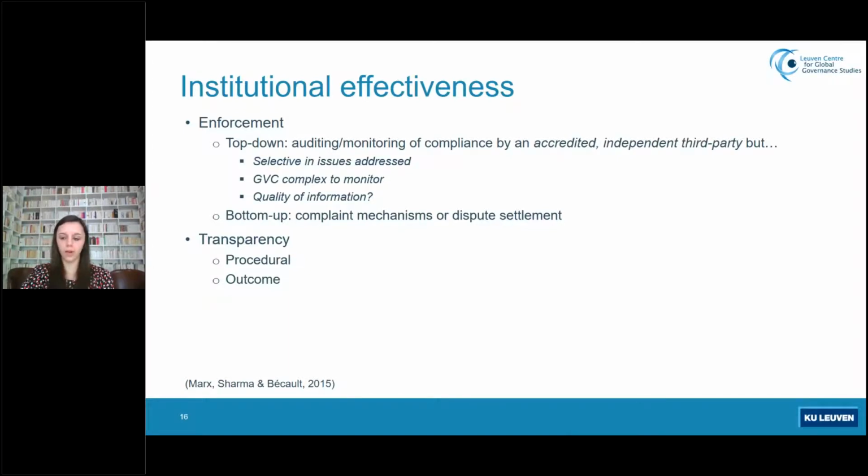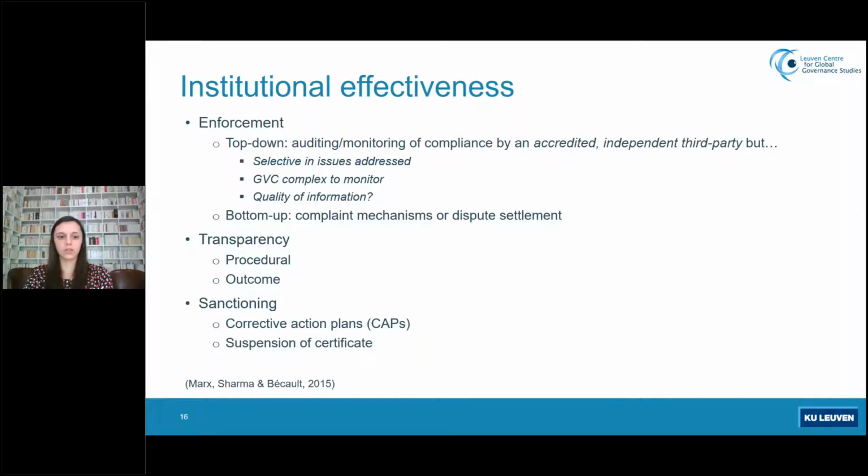And lastly, the last dimension of institutional design of VSS is about sanctioning. So as we saw earlier, in case of non-compliance, there can be sanctions. And this can be done in different ways. As I mentioned, corrective action plans, which are plans that the VSS adopter must follow to change its practices and implement the standards, if you want to keep the certification.